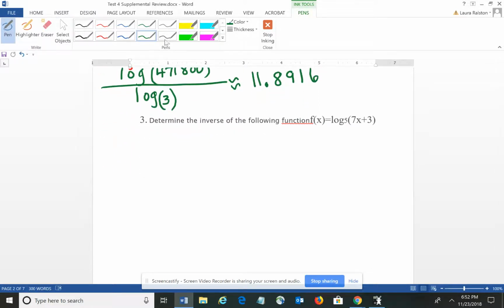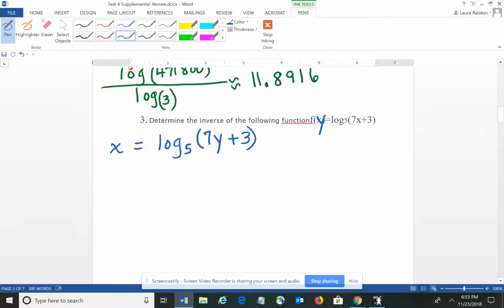Question 3, you're asked to determine the inverse of the function f of x equals log base 5 of 7x plus 3. Now remember that f of x is the same as y, and our first step in finding the inverse of any function is to interchange x and y. So this will become x equals log base 5 of 7y plus 3.